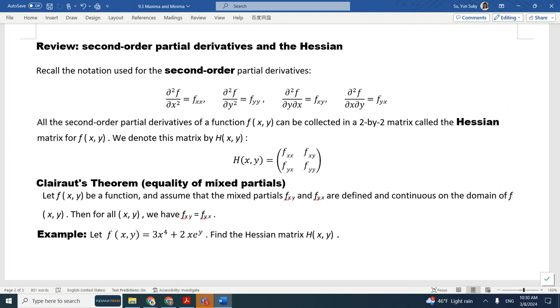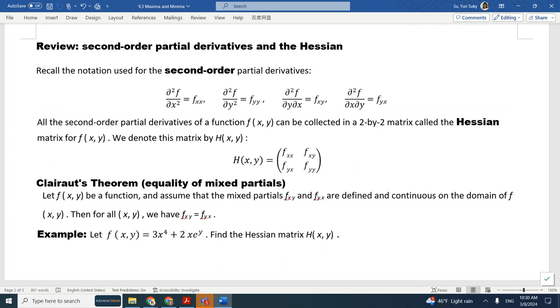Do you know what a matrix is? So you have rows and columns. And how do we order them? It's the way that partial f partial x x, and then partial f partial x y, and partial f partial y x, and partial f partial y y. Okay, so this is the order in which we write out the Hessian matrix.